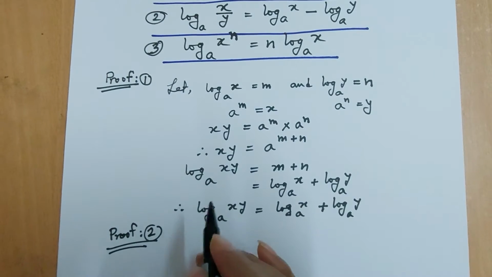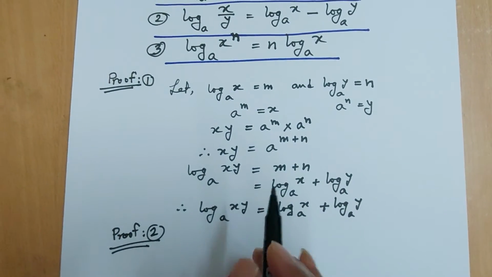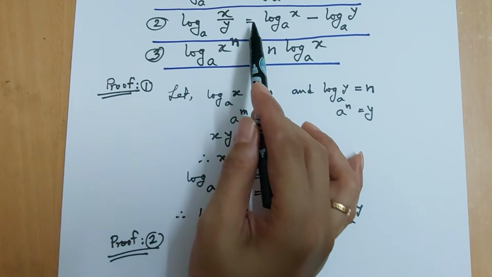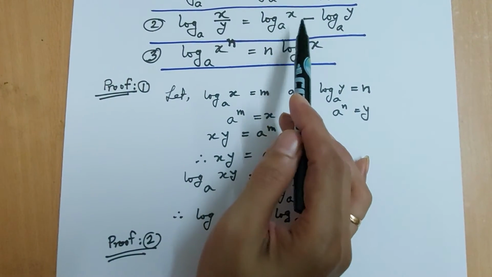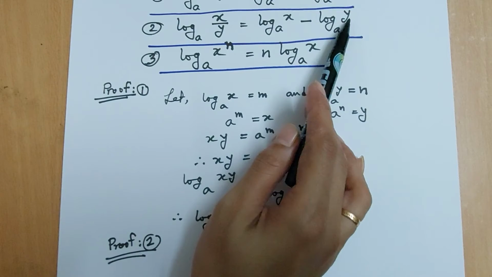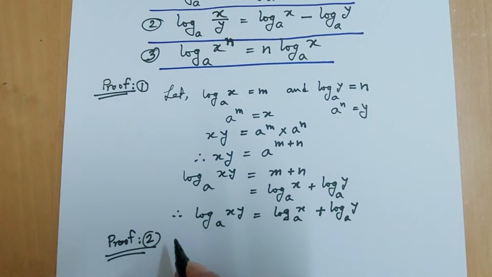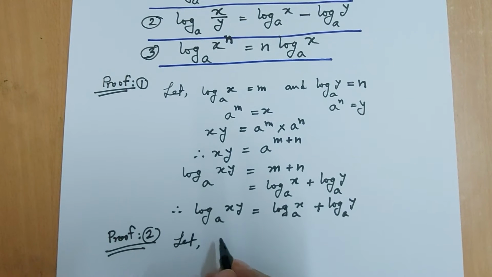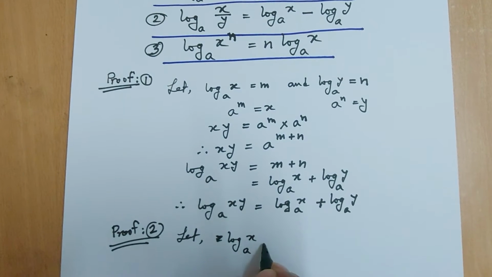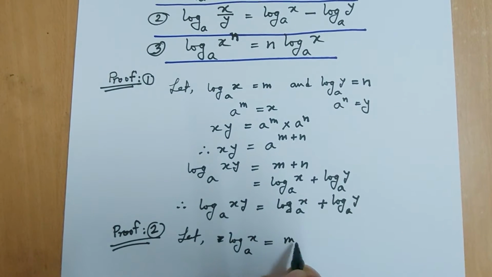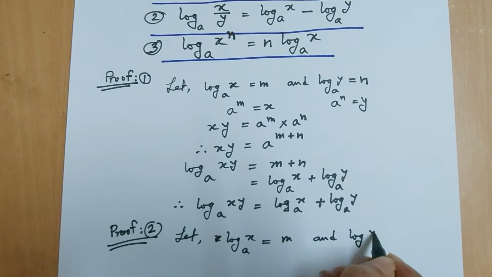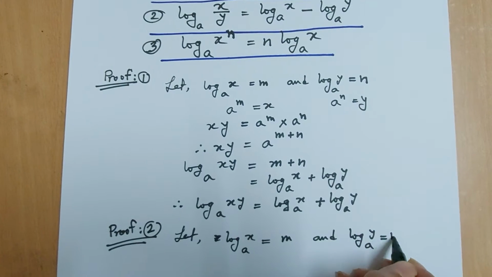The second one is the division rule, and that is log x over y to the base a equal to log x to the base a minus log y to the base a. So let me take log x to the base a again equal to m and log y to the base a equal to n.